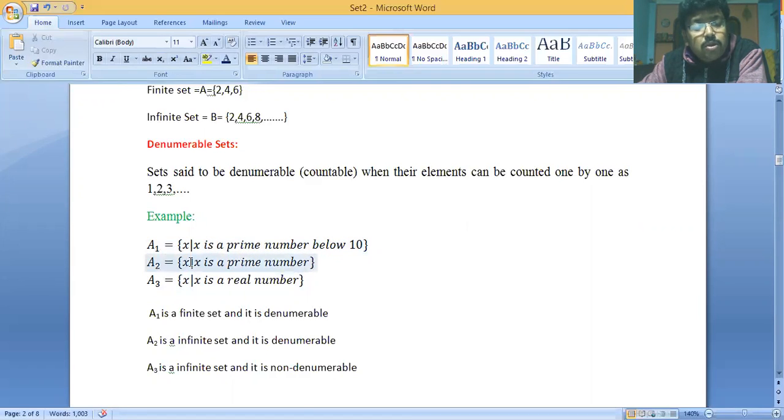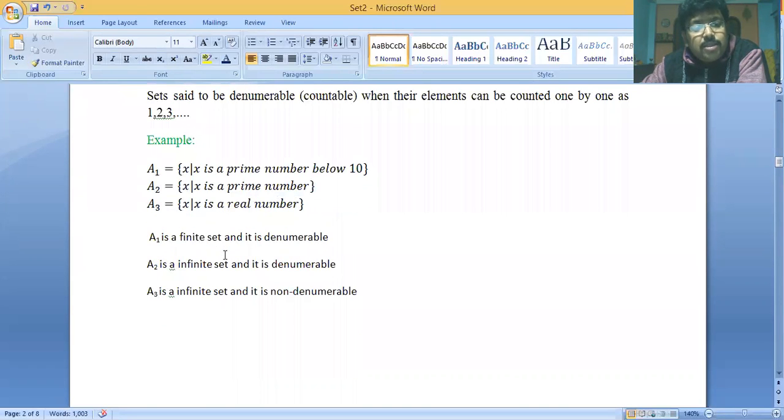And A2 is the set of x such that x is a prime number. So A2 is an infinite set and it is denumerable. It has no end. It is infinite, but it is countable. Now A3, look at this: x such that x is a real number.